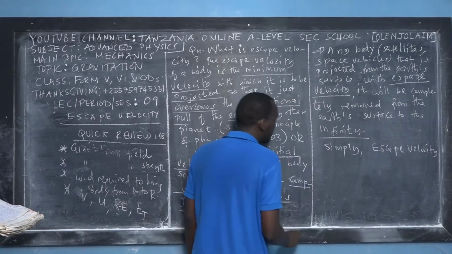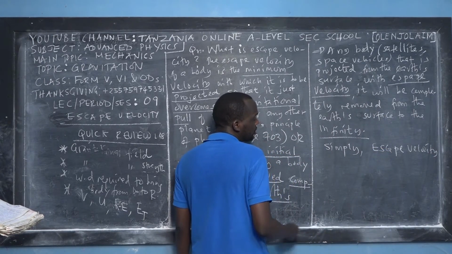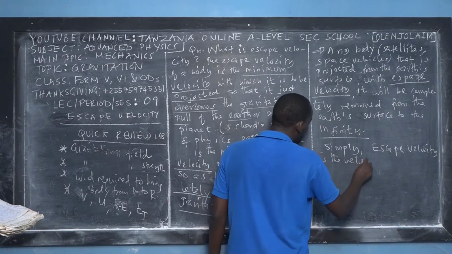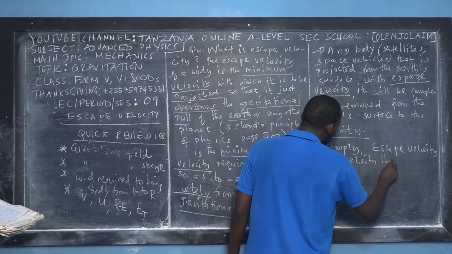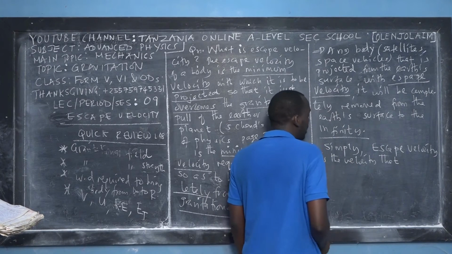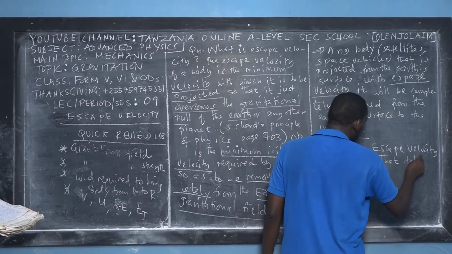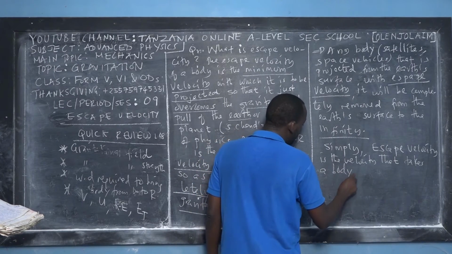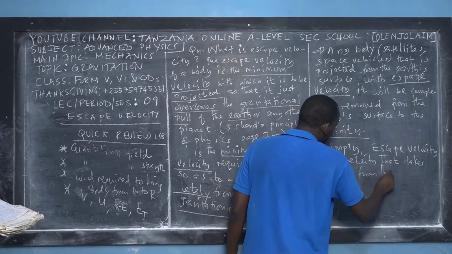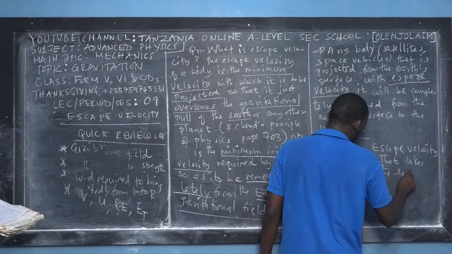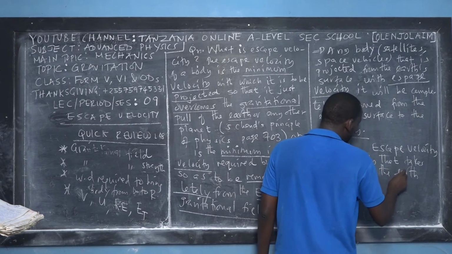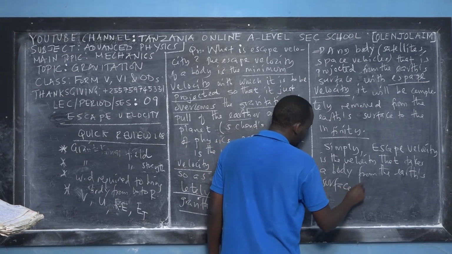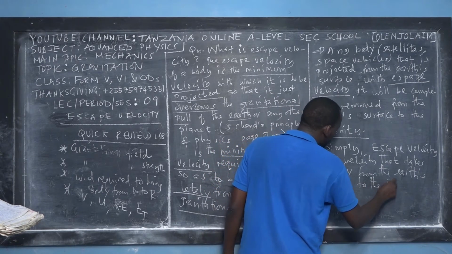this is the minimum velocity, a velocity that takes the body from the Earth's surface, where there is a gravitational force, to infinity.